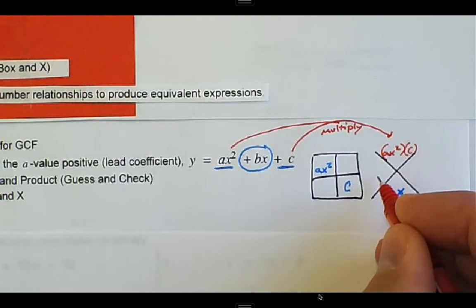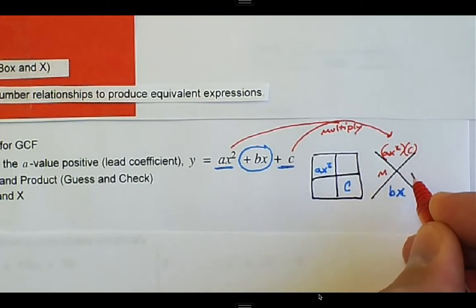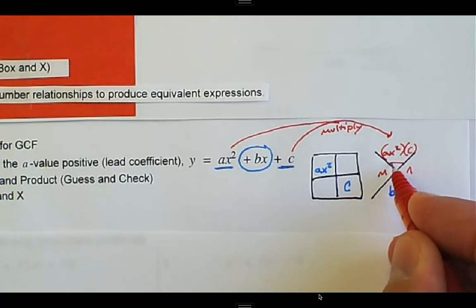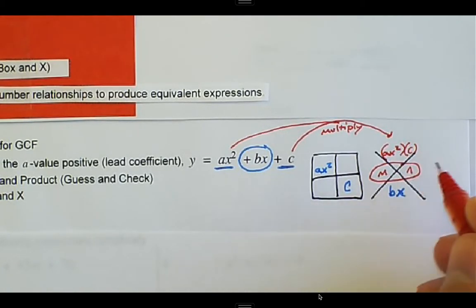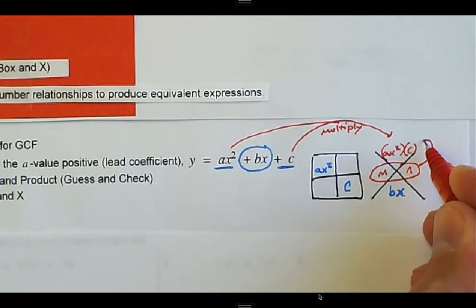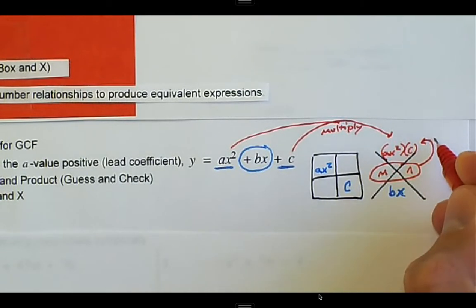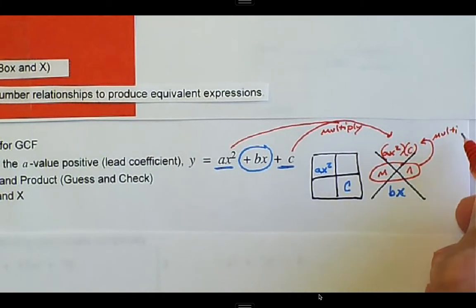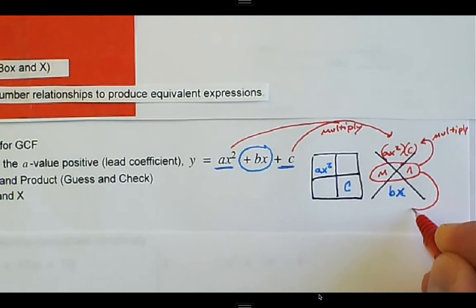So if this is an m and this is an n, we have to figure out what these 2 values, m and n, are, but they have to multiply together to get this top space. And then they have to add together to get this number in the bottom.